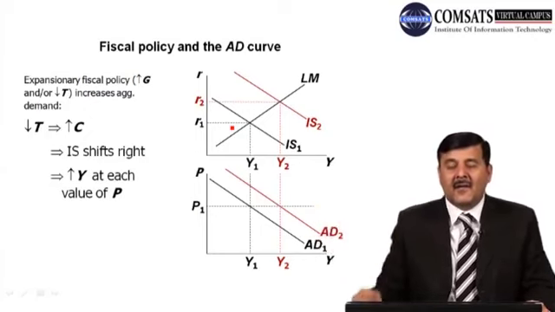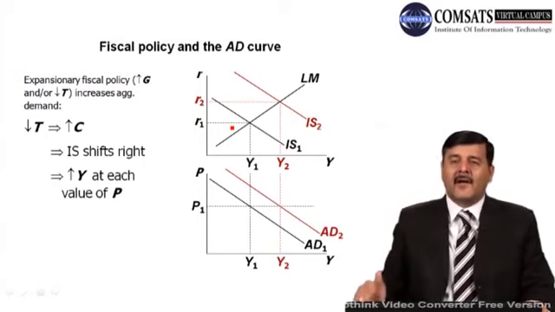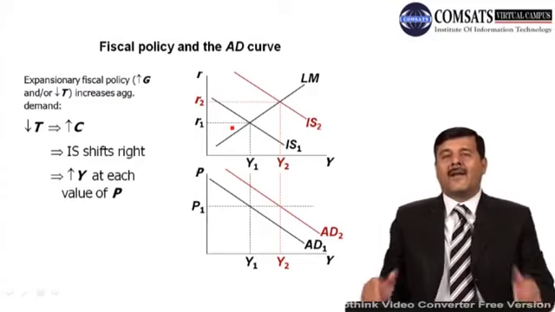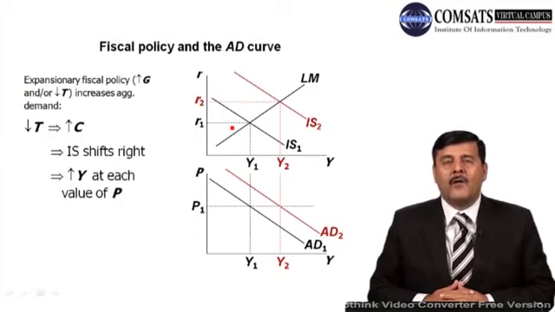When there is a shift in IS curve rightward, the income level में इजाफा होगा और rate of interest में भी इजाफा हो जाएगा. जब income level में इजाफा होगा, price level will remain same, aggregate demand rightward shift हो जाएगा, और at the same price level income has increased from Y1 to Y2.